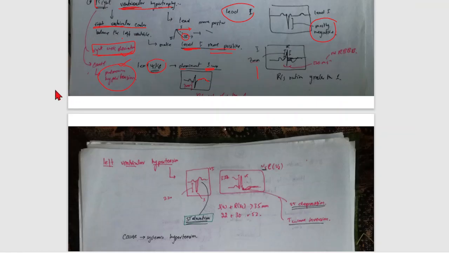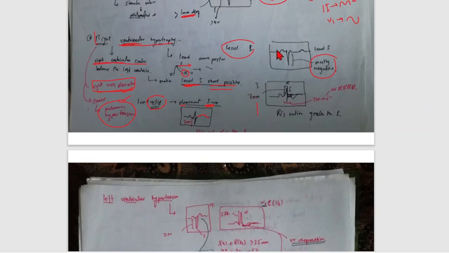In lead 1 it is mostly negative, but if there is right ventricular hypertrophy, the RS ratio will be greater than 1, meaning it becomes positive, 7 millimeters in lead 1.